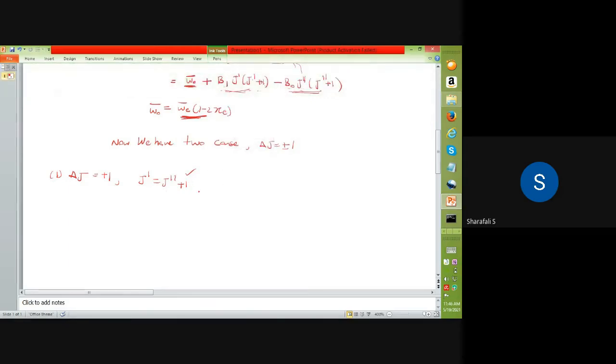So that will give delta epsilon equal to, what will happen to this? Omega 0 bar plus, I'm not going to discuss all those values here, (B1 plus B0) into J''. So you just substitute J' equal to J'' plus 1 in this equation.